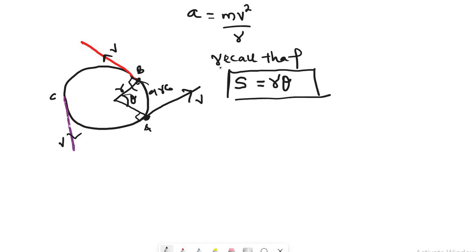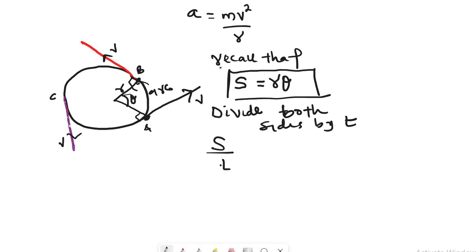So if s is equal to r theta, let's divide both sides by time. So we have s over t equal to r theta over t.